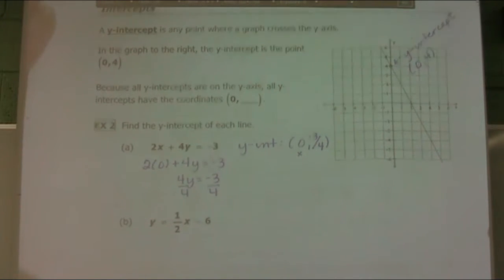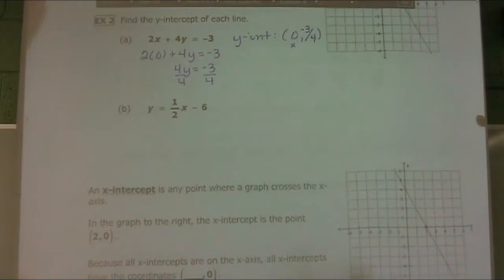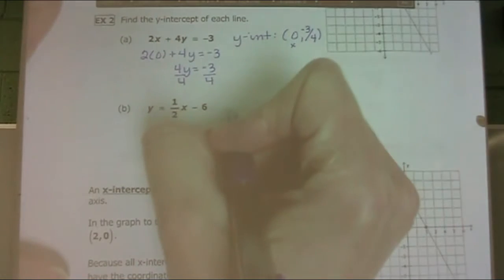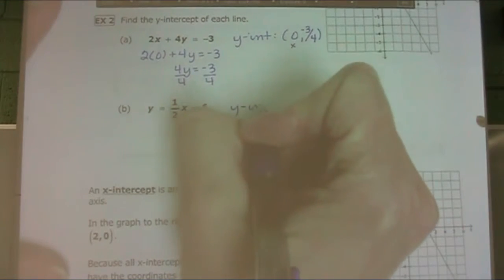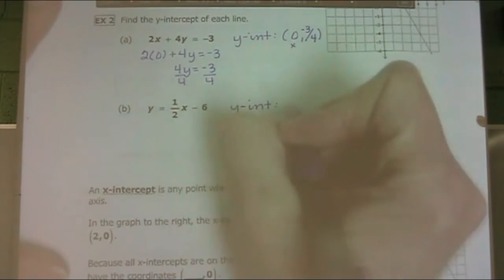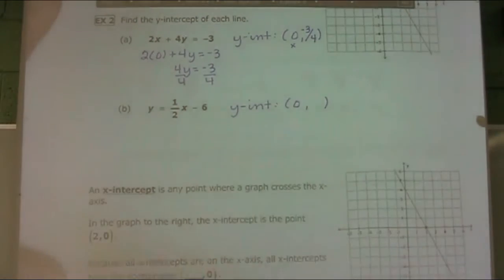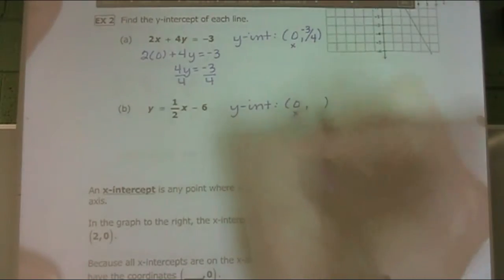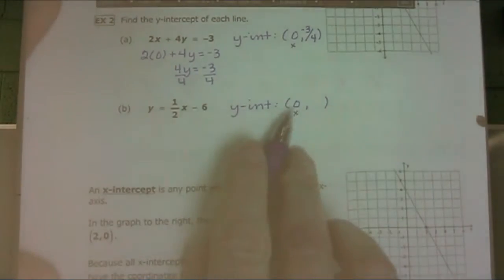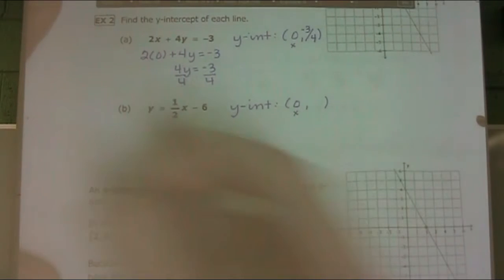All right, let's go to the next example. Same thing. We know that the y-intercept is the point 0, comma, and then a number. The 0 is the x value, so we're going to plug 0 in for x and solve for y.